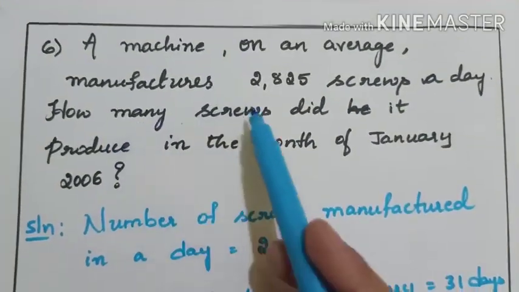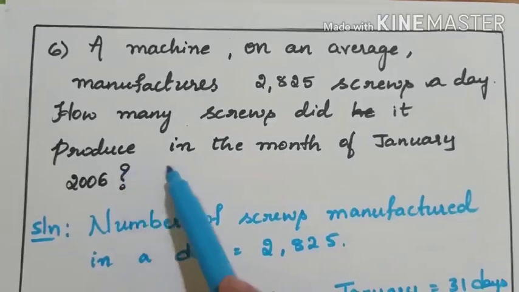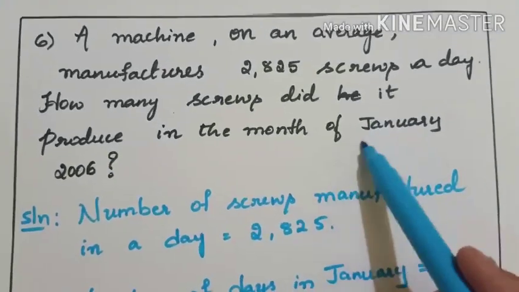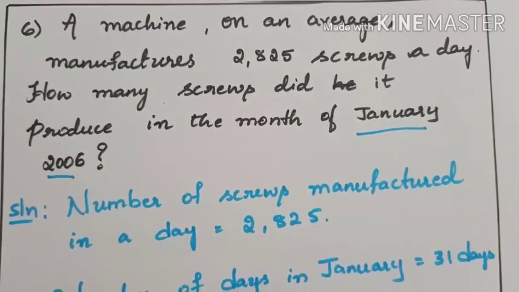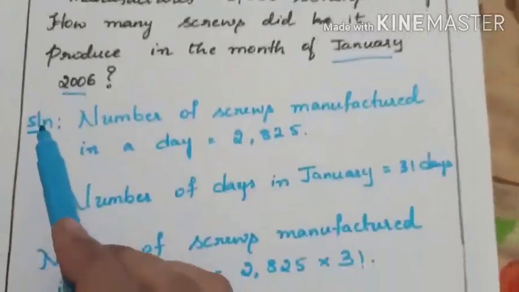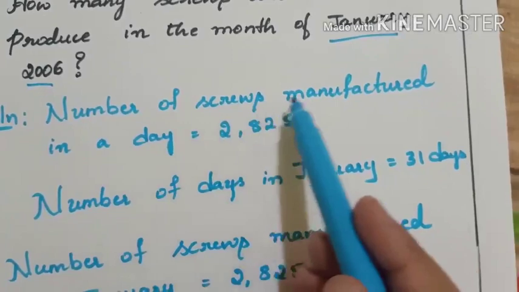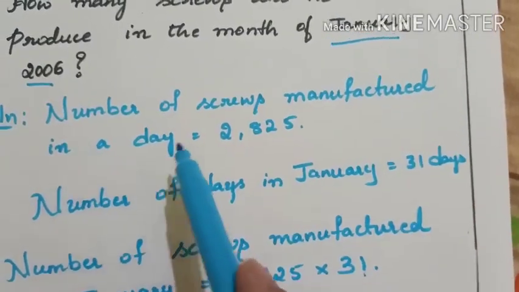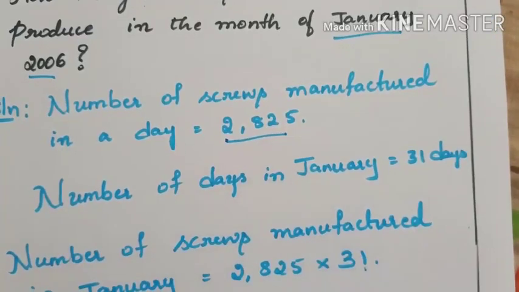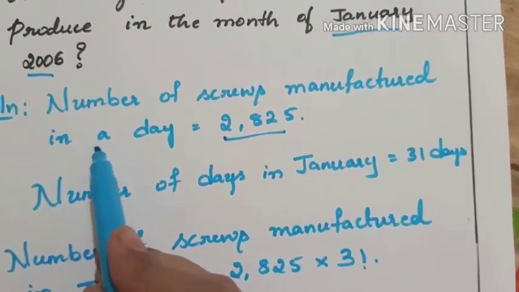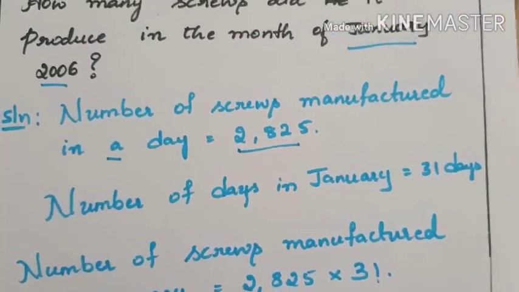How many screws did it produce in the month of January 2006? Let us write the given data. Solution. Number of screws manufactured in a day, for one day, it is 2,825.